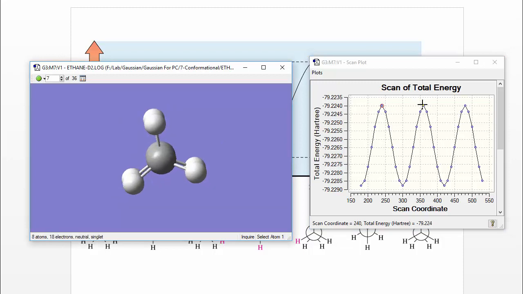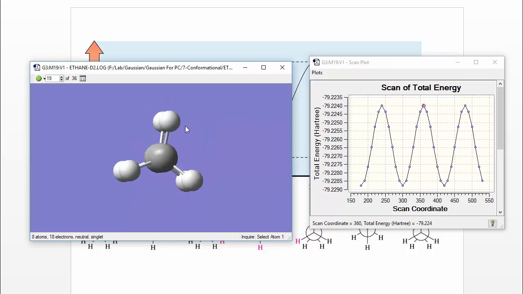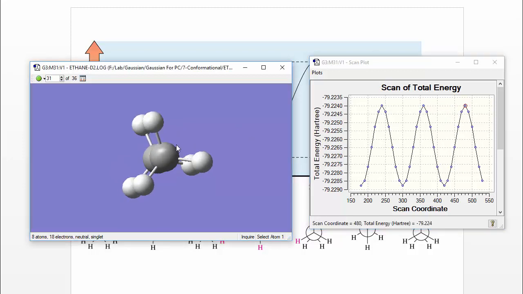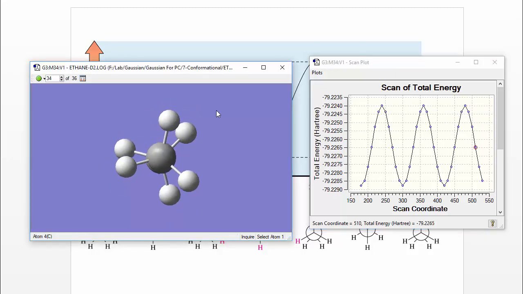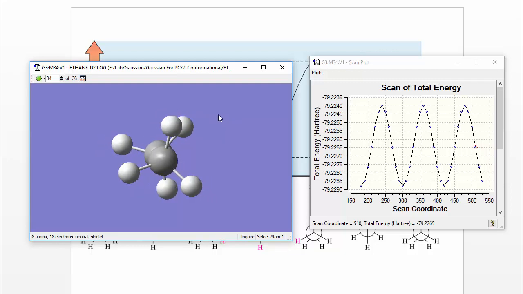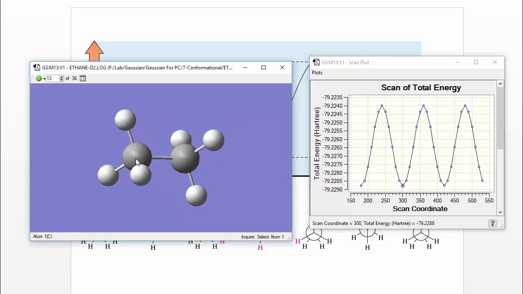And if I look at the next one, there's really no difference once I line it up again. You can't tell the difference because all hydrogen atoms are the same. So every single one of these high energy points is going to be your eclipsed interaction. Obviously, if you're not perfectly eclipsed, but you're at some intermediate value, then you'll find that we're approaching being eclipsed or approaching being staggered, but we're really not quite either. Then, of course, your lowest energy states are going to be your staggered conformations.